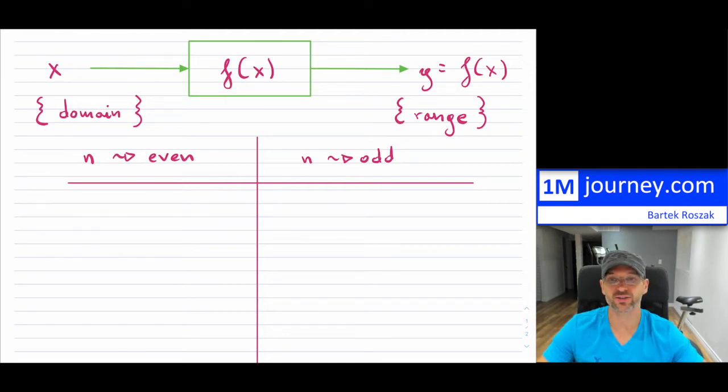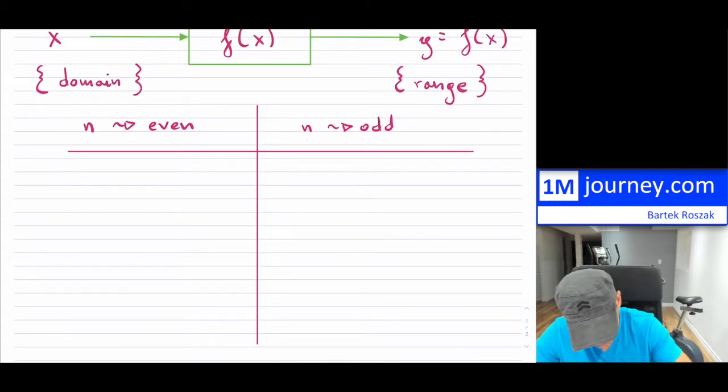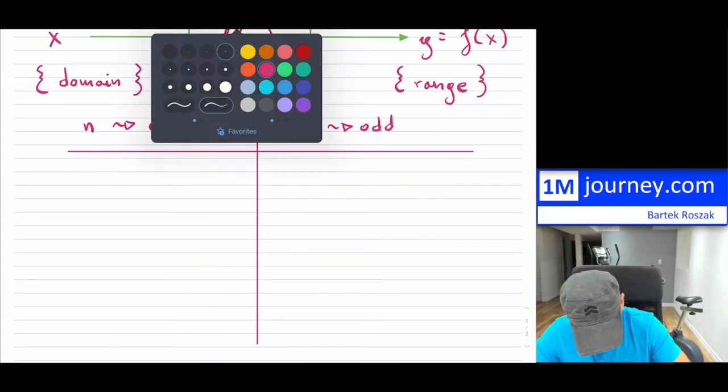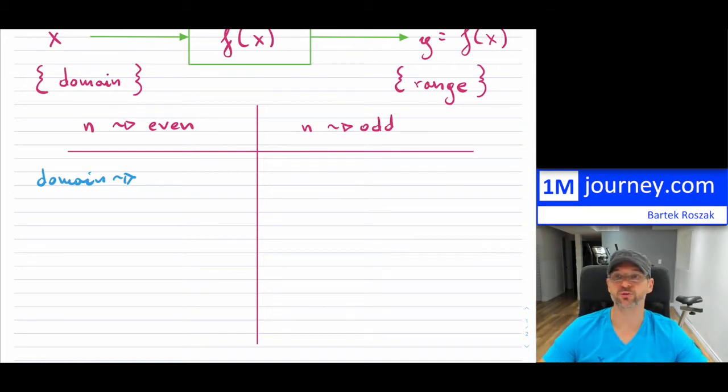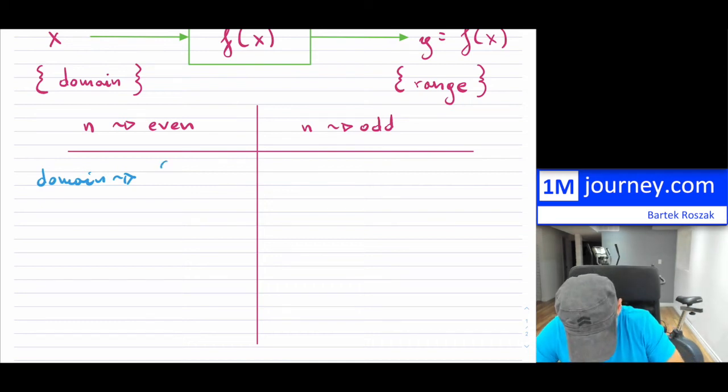Now, if you go back to your power functions, for our domain, for both n even and n odd, we found that we can input any real number we like.